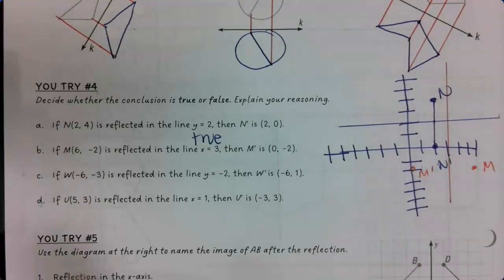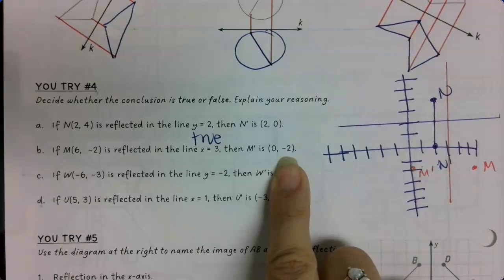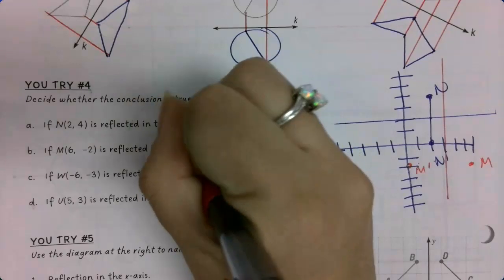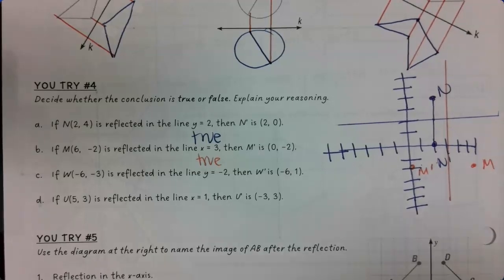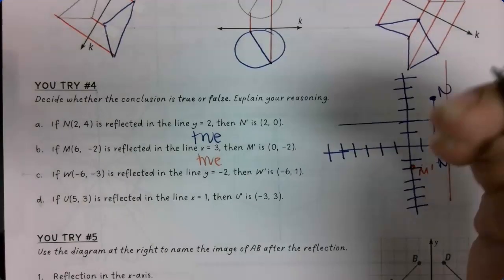Is that new point I drew 0, negative 2? So that one is true.